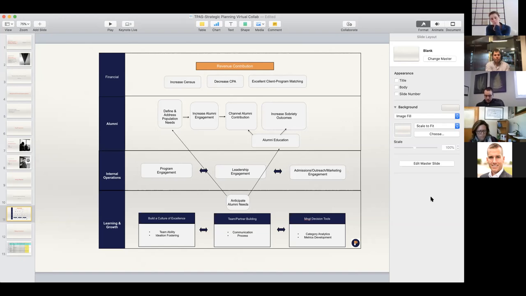A lot of ours is just straight up engagement at this point, right? Like how many people are coming to our events, how many people are opening our emails, how many people are engaging on social media, how many phone calls are we getting in response to questions or whatever it may be.